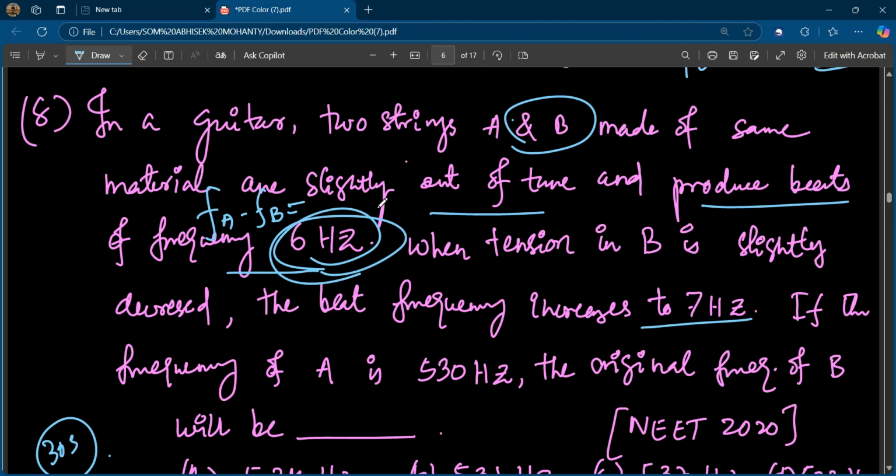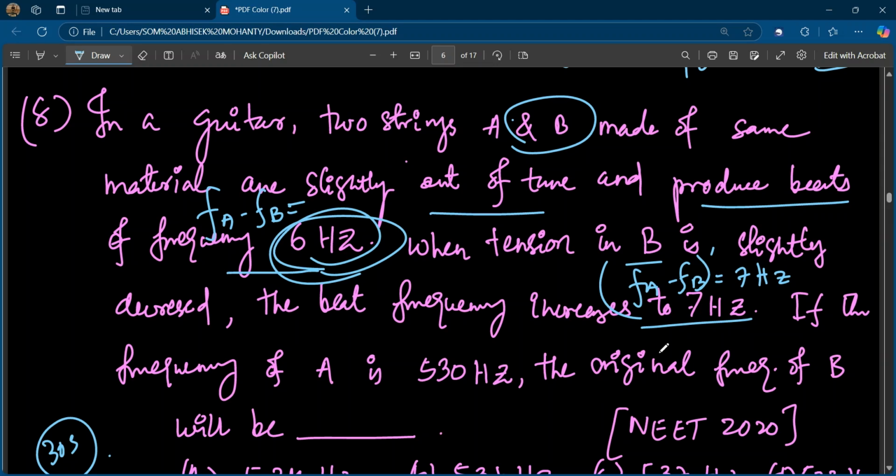When B is slightly decreased, the beat frequency increases to 7 hertz. Now fA minus fB is 7 hertz.